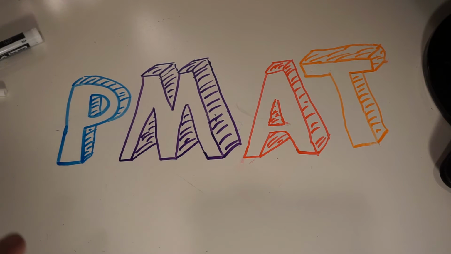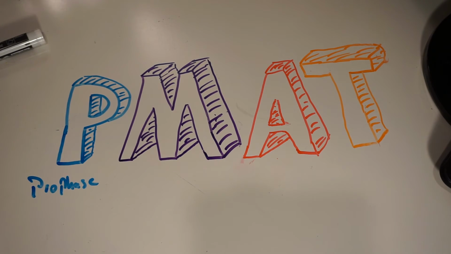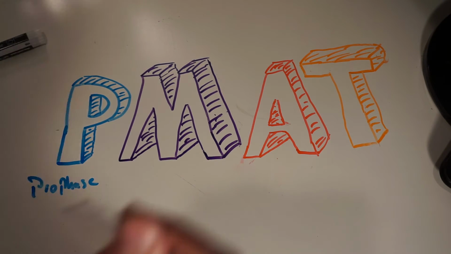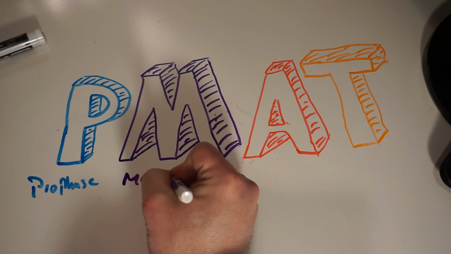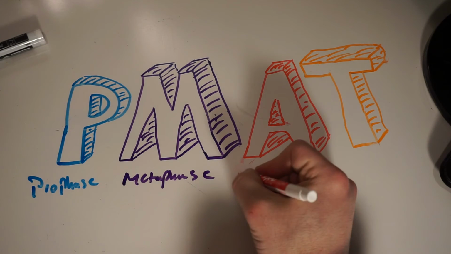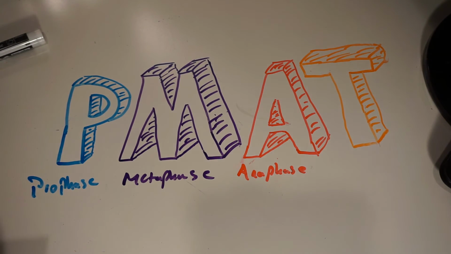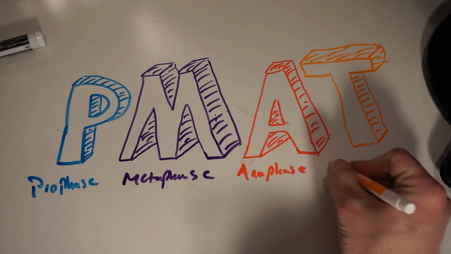Now this phrase, well, not really a phrase, it's an acronym, but it's one that's very important because it's one that's going to come up more than once through mitosis and meiosis. And these are the stages of what we're looking at. So this is prophase. This is metaphase. Next is anaphase. And finally, it's telophase.